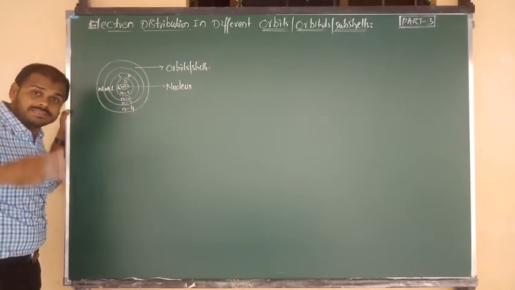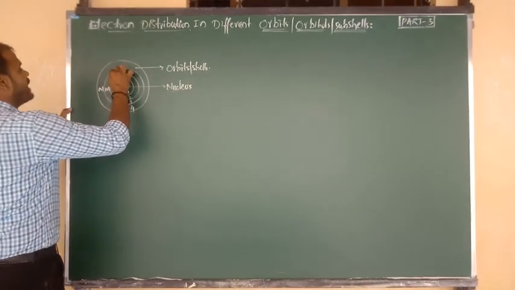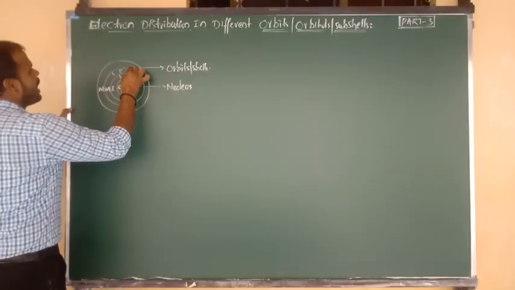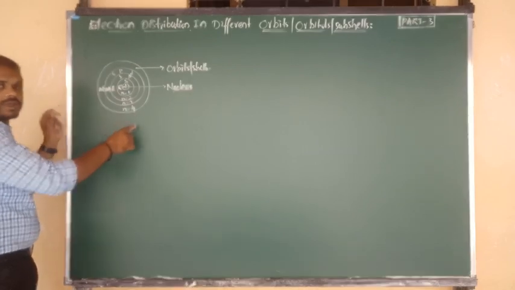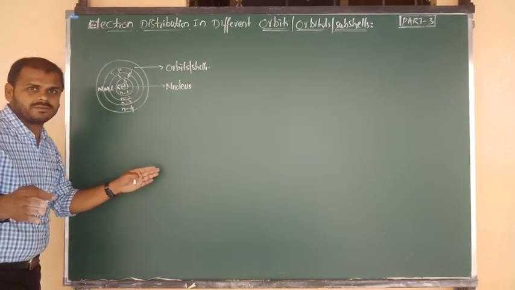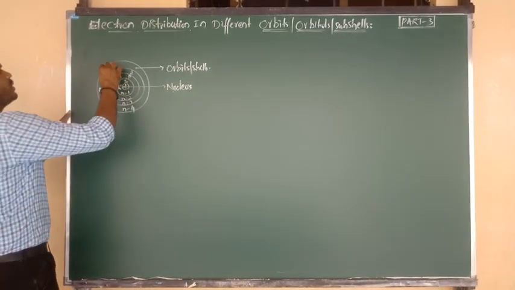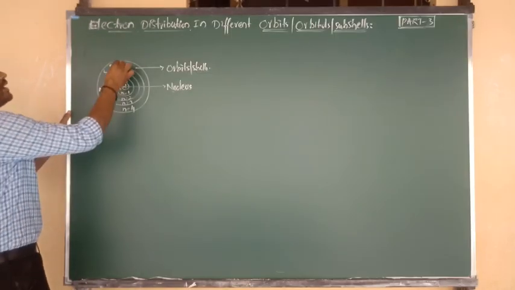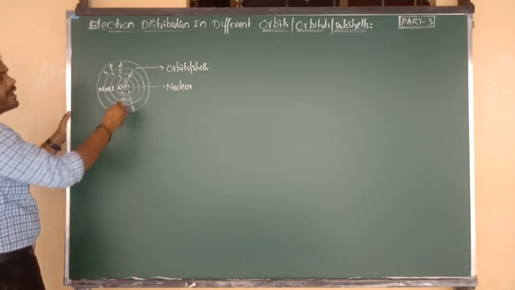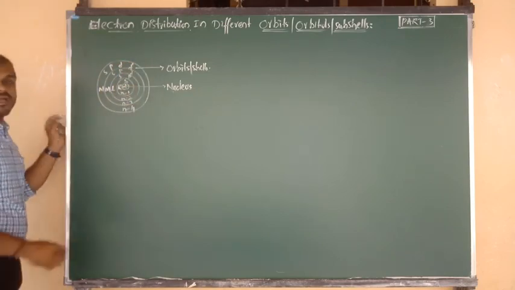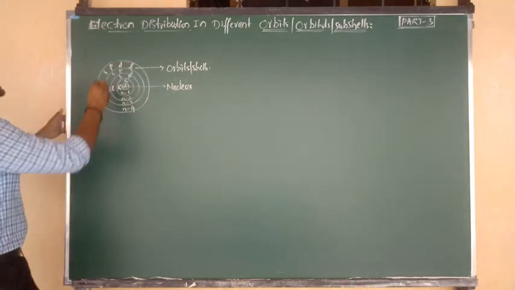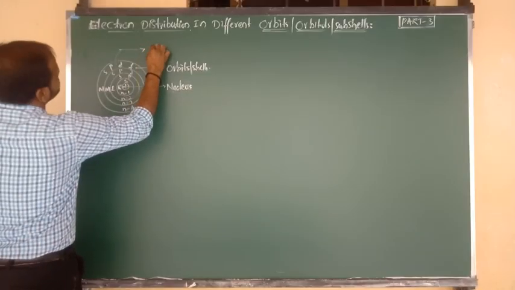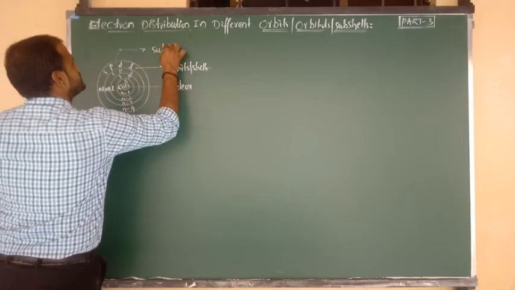Third orbit contains three subshells, s, p and d. And the fourth orbit contains four subshells: s, p, d and f. So this is the information about the subshells.